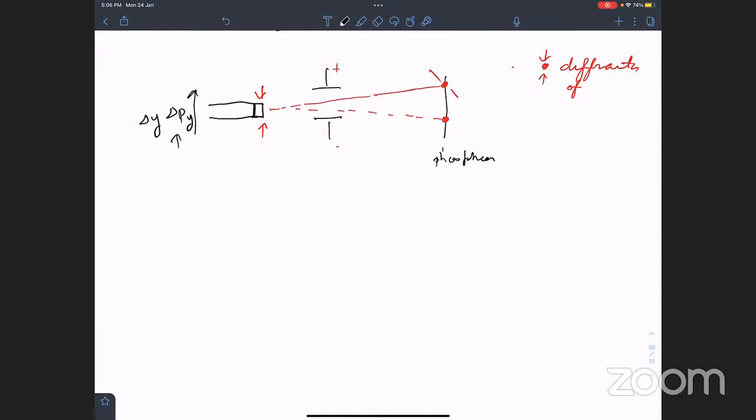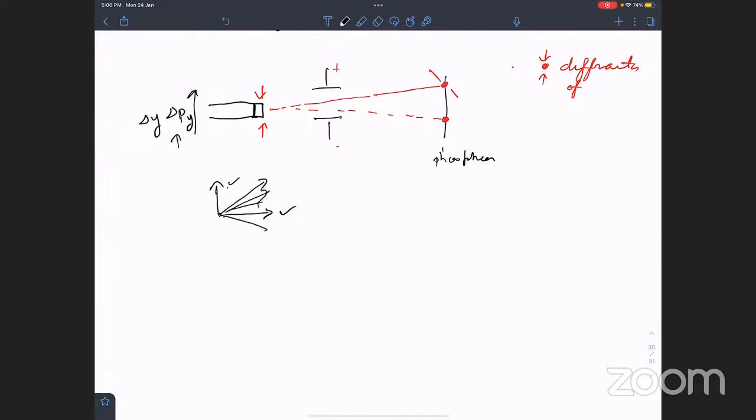What do I mean by that? What that means is, if the electron is traveling this way, it has an x-directed momentum. It has a y component of momentum. This component we are reasonably sure about, but this component has uncertainty. So if I add the two momenta up, the sum will be either here or here.